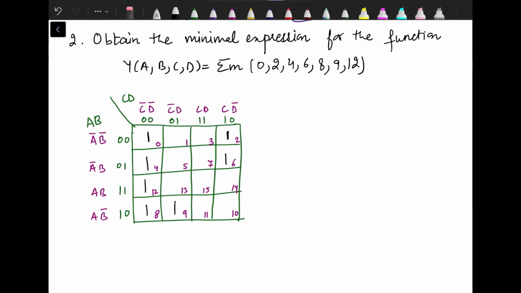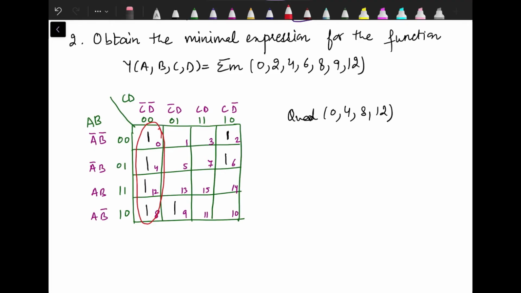Once we place all the minterms, we need to start the grouping of all the minterms. Let's see how many groups are possible in this case. We have a quad possible of 0, 4, 8 and 12. So this is one quad which is possible.